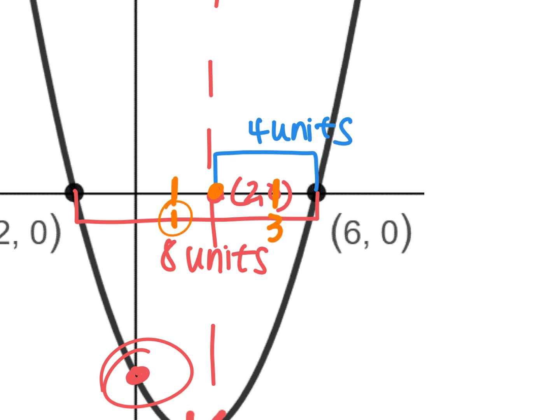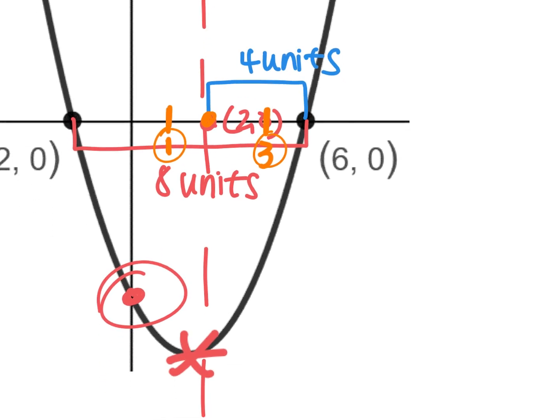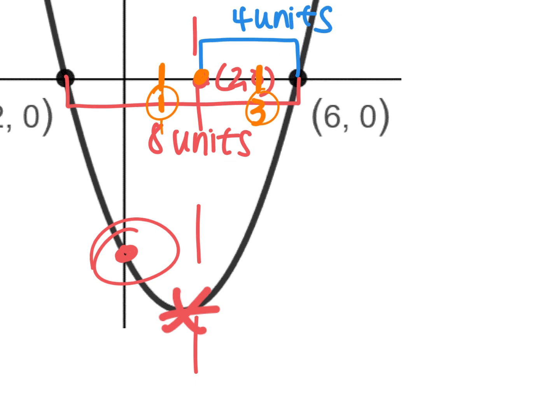X equals 1 is 1 to the left. X equals 3 is 1 to the right. So they're both one step away from the axis of symmetry. If I'm looking to see where my graph falls there and there, they both fall about right here. So they're in the same spot. I know it doesn't really look like it in that picture, but.